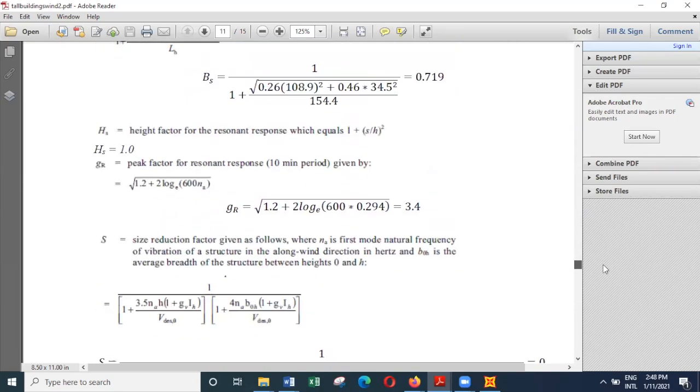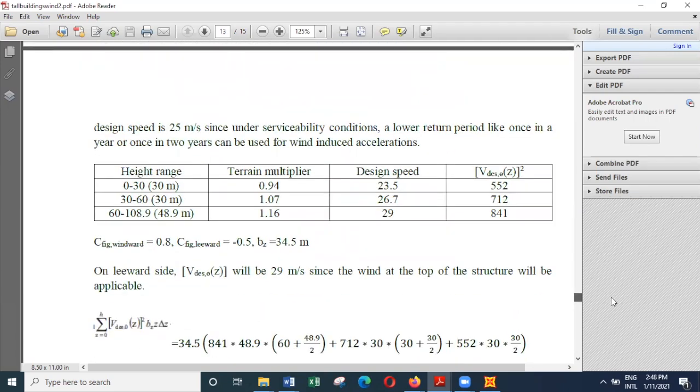So for the terrain multiplier, I'm using 3 different values. And based on that, I can find the design wind speed. And then I can also find design wind speed squared, because this pressure is given as Q is equal to K V_s squared.